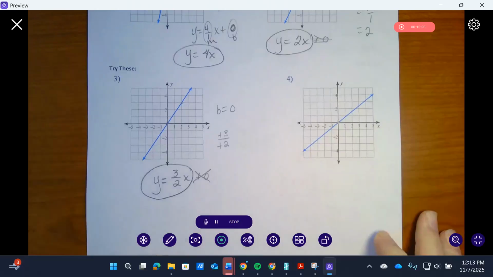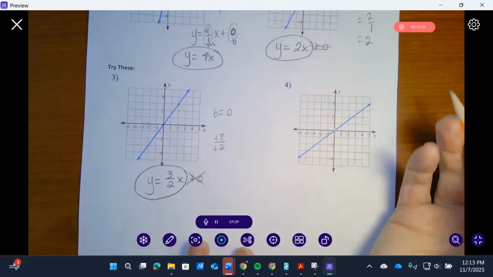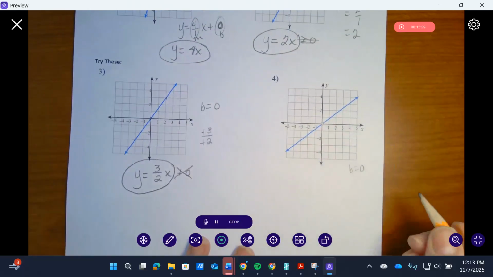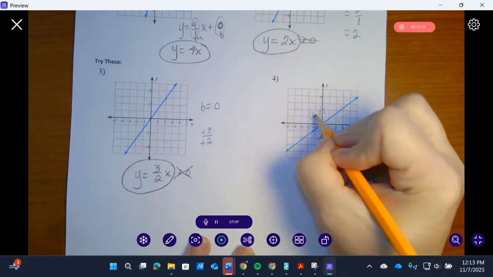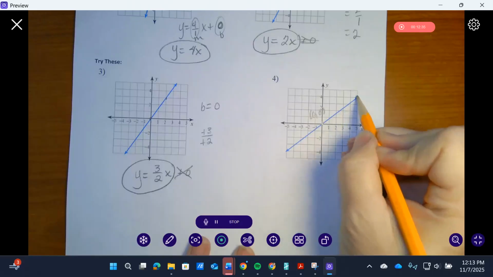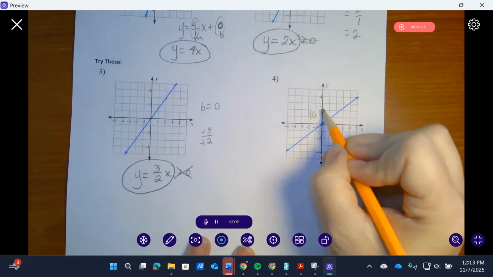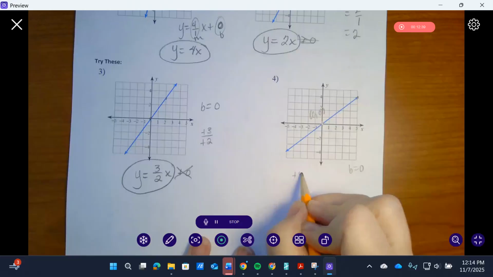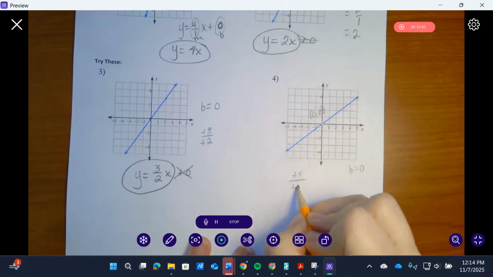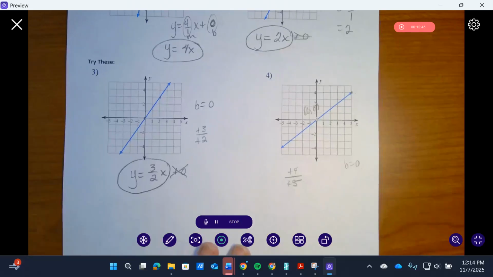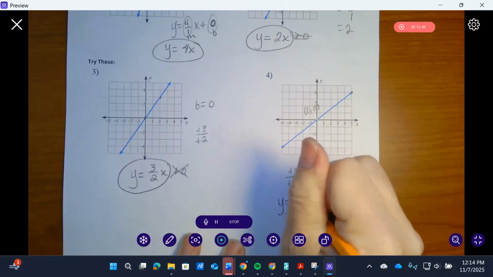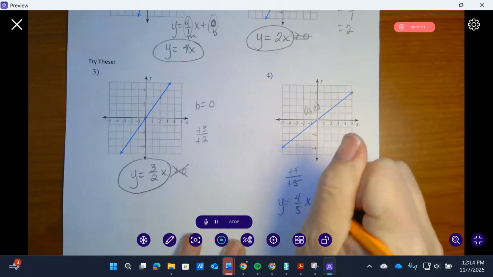There's my equation. Okay, y-intercept is 0, so that means my b value is 0. (0, 0) is the ordered pair for my y-intercept, and I have a slope here of 1, 2, 3, 4, up 4, run 1, 2, 3, 4, 5. Oh, it looks like we already did this one. It's an extra example of the same one we just did on the previous page. y equals 4/5 x.